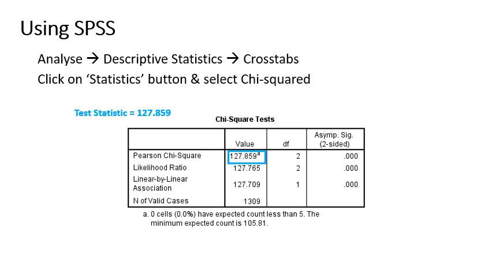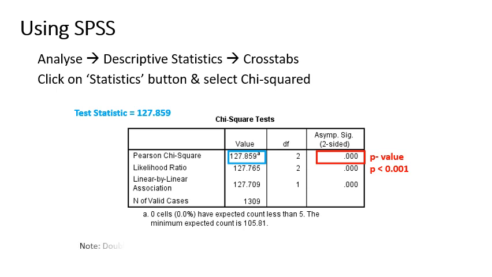And for the Pearson chi-square, the value 127.859 is the test statistic, or what we call the computed value of the chi-square statistic. The asymptotic significance, two-sided, is the p-value, 0.000.